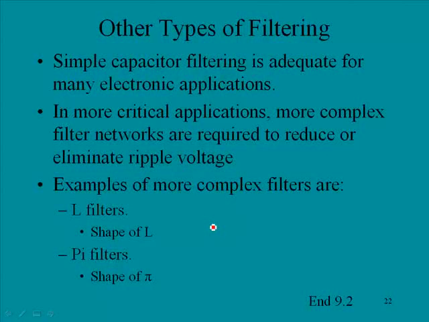We might show the L is simply an inductor, and then there is a capacitor, and the pi looks like a capacitor with an inductor and then a capacitor, and I guess this looks like an upside down L, and this kind of resembles pi, I guess, anyway. But those are a couple other filters. We will not go into those, but simply mention them.